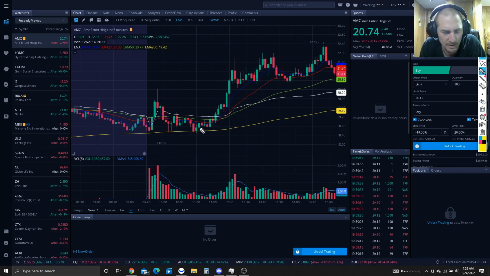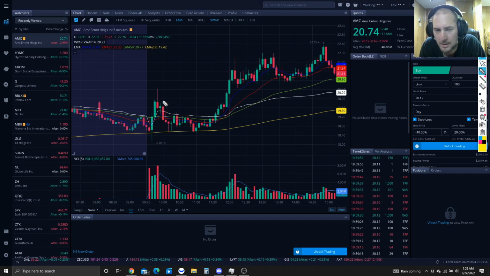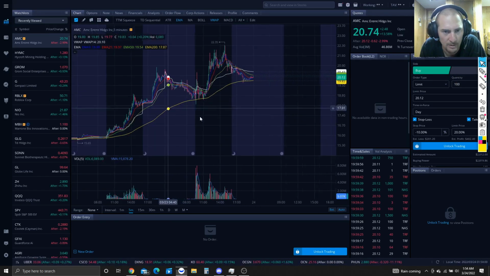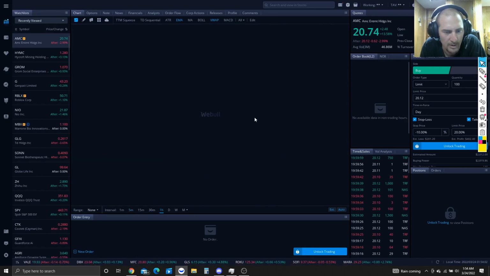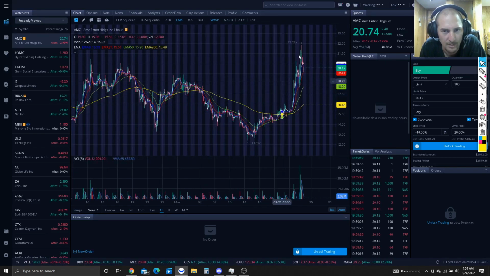Another scenario is we use target 1, and then we use our chart to find another target, which would be our target 2. So in this scenario we don't really have any pivots above us, right? Like there's nothing here, so we would have to go to a higher time frame to find that target. You see there's nothing here close.